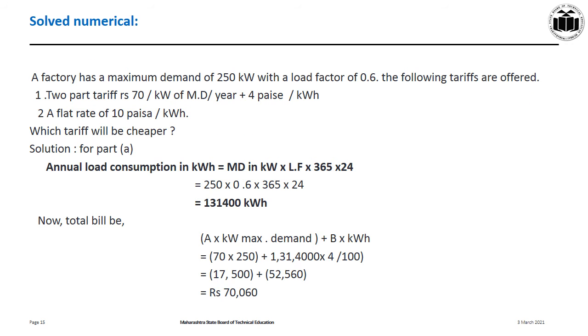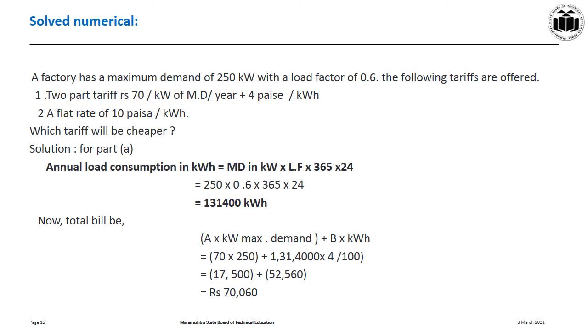In order to develop a better understanding of the different types of tariff, a numerical problem is designed here. Learners are requested to note down the numerical problem, solve it and cross-check it. First part, give the price.